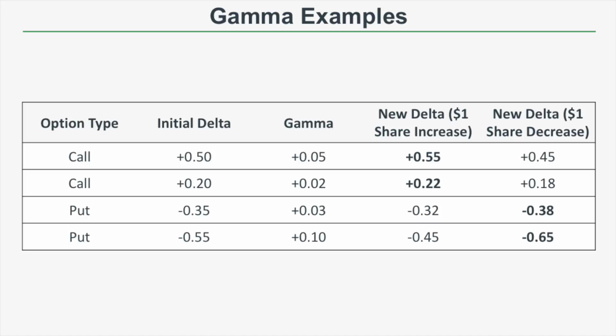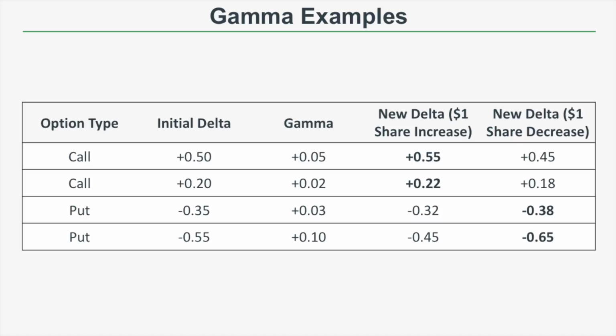Now let's look at put options. Put options have negative deltas, so adding gamma to a negative delta will bring that delta closer to 0. On the other hand, subtracting that gamma from a negative delta will bring the delta closer to -1.